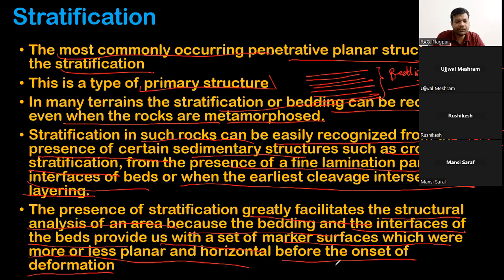So before the deformation, the area was completely flat, if there is a presence of stratification. So the structural analysis of any area becomes easier if you get the stratification, so that you can directly infer that this area was once flat, once planar, and now it has been distorted or deformed.